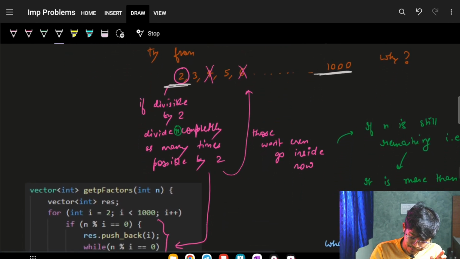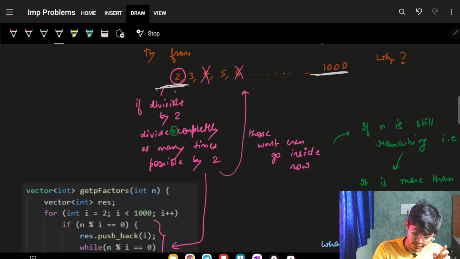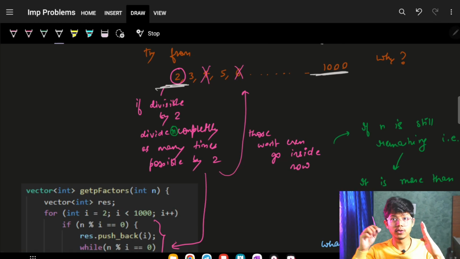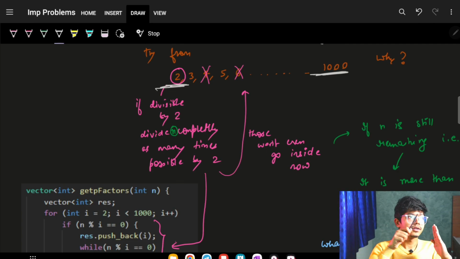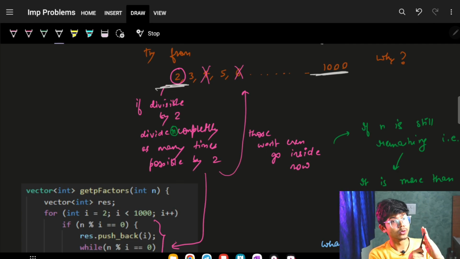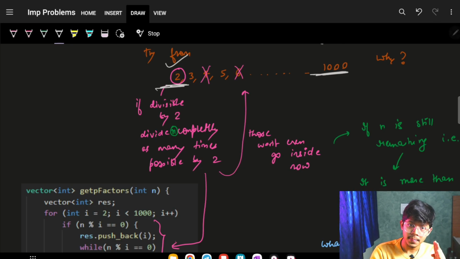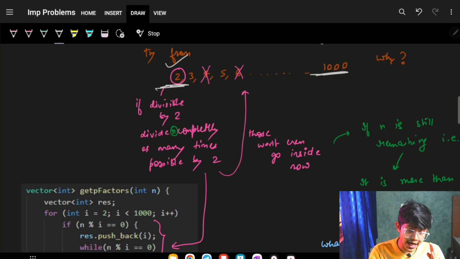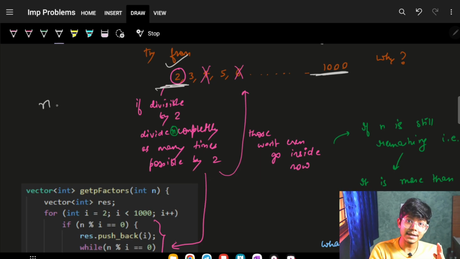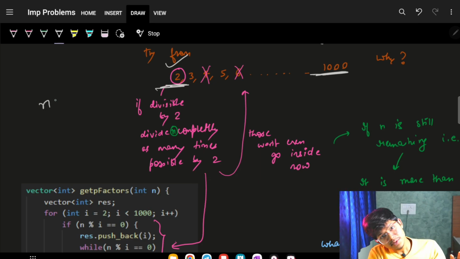I'll show why. So basically, I'm standing at 2 and I'm checking if my n is divisible by 2. If it is, then it's my prime factor. And as it's my prime factor, I will divide my n by 2 as much as possible.